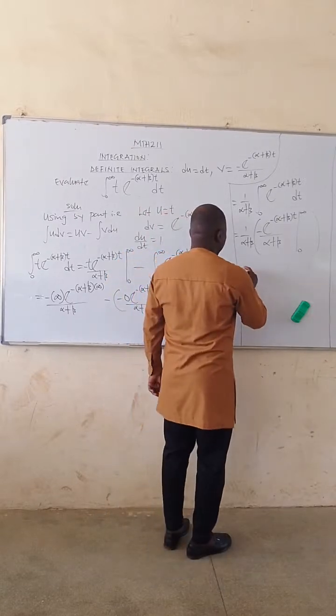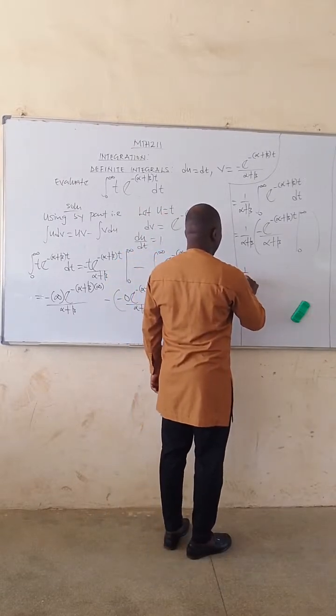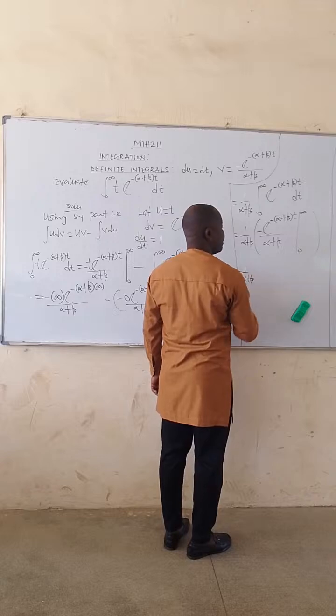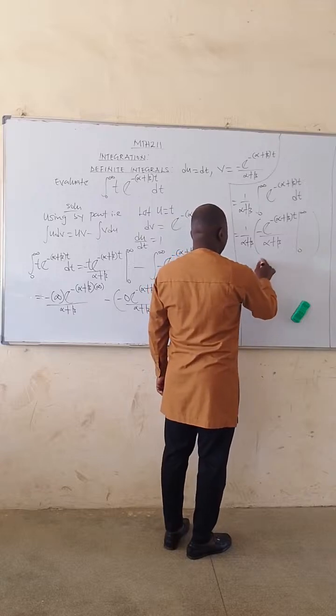So it means here will now be 1 all over alpha plus beta, open bracket.